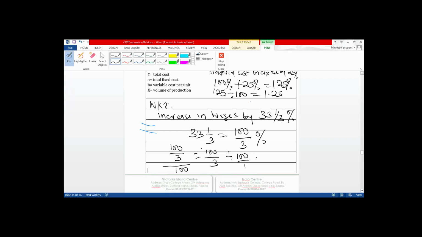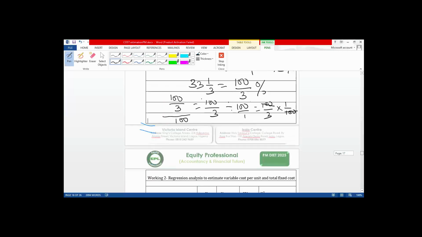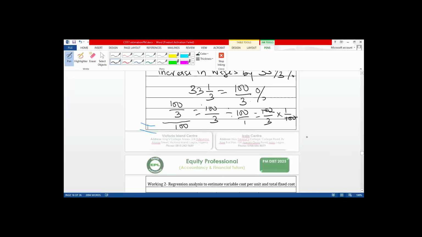If you change it to this, it becomes 100/3 multiplied by 1/100. This will strike out this. You are left with what? 1/3.